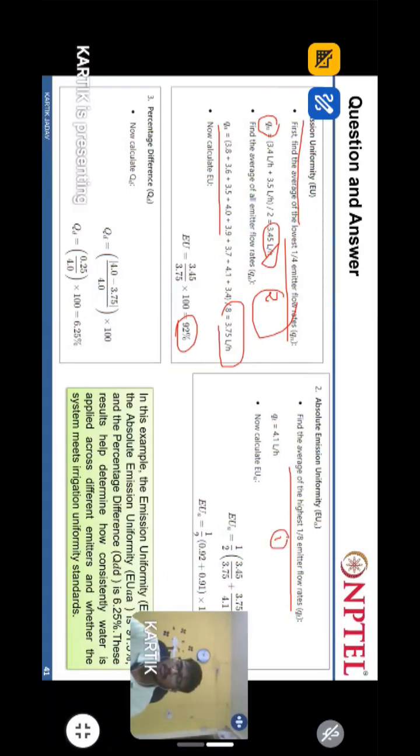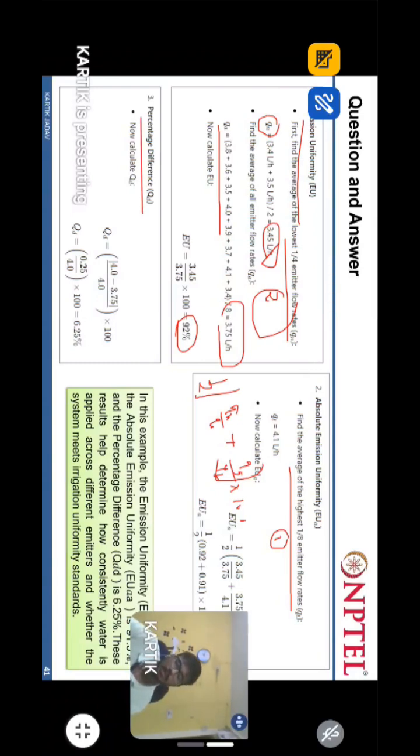So we select the one emitter with the highest flow rate and put it in this equation: Qn divided by Qa plus Qa divided by Qt, in bracket 1 half, multiplied by 100. So the answer is 91.5%.